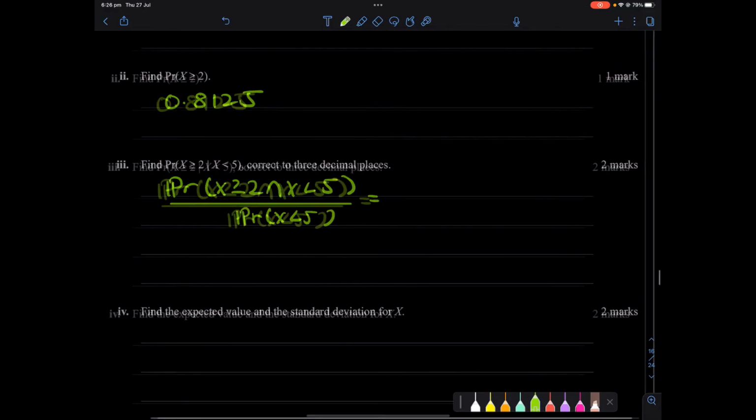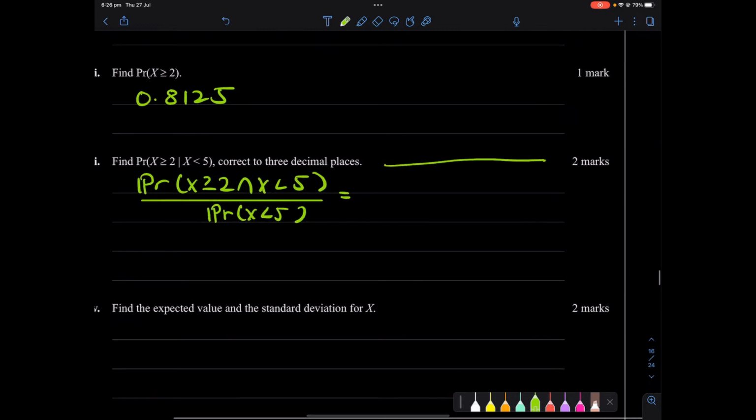Okay, what can we know? I'm just going to draw a nice timeline over here. Let's say this is 2 and this is 5. When it's greater than 2, it goes to infinity over here, and we're saying that it goes less than 5.